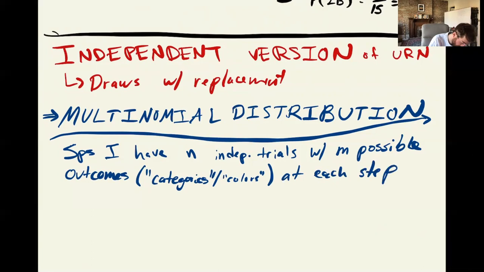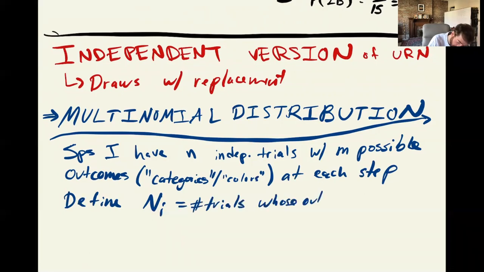And if I define the random variable to be the number of trials whose outcome was i, again, we need to recognize that i ranges between 1 and m, then I can write down the joint PMF of this all in one go. I don't need to do the kind of case analysis that I was just considering.